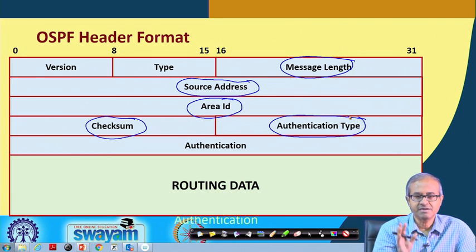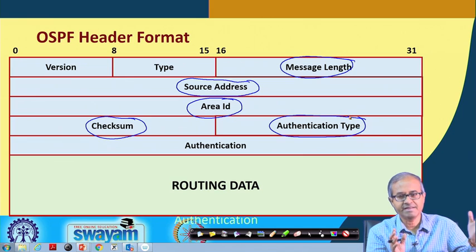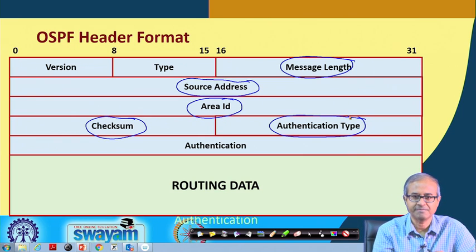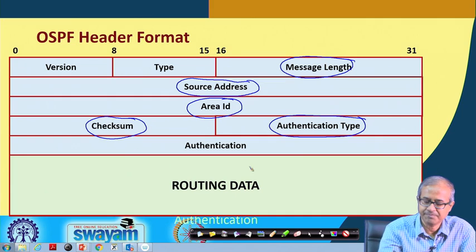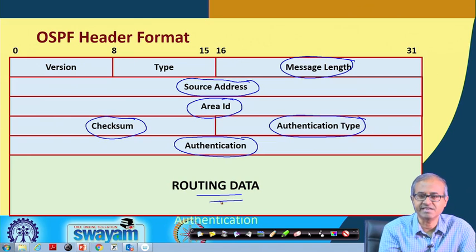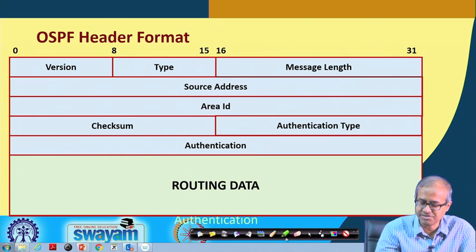Authentication means I must be sure that the link state advertisement is coming from the right router, and some authentication information, and of course, the actual link state advertisement or whatever you are sending, the actual routing data, link states, etc. Okay. So, these are the pieces of information carried as part of an OSPF packet.